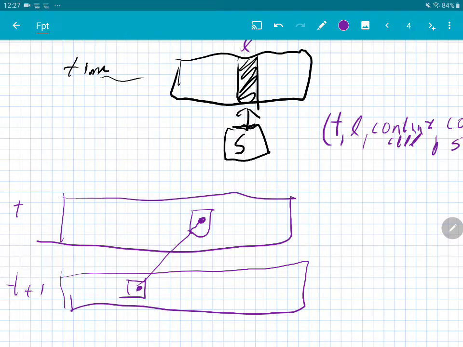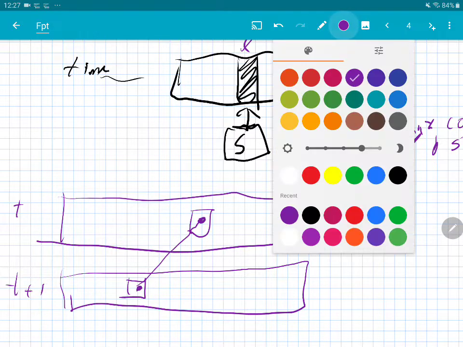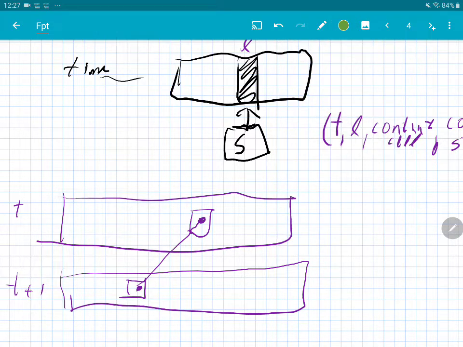By the way, in the state, I might want to remember also the value of the adjacent cells, this one and this one, so you remember the value of the tape on both sides. It doesn't really matter. In fact, I think you have to do those three states.